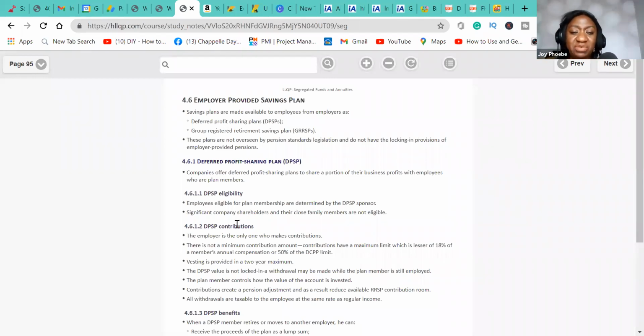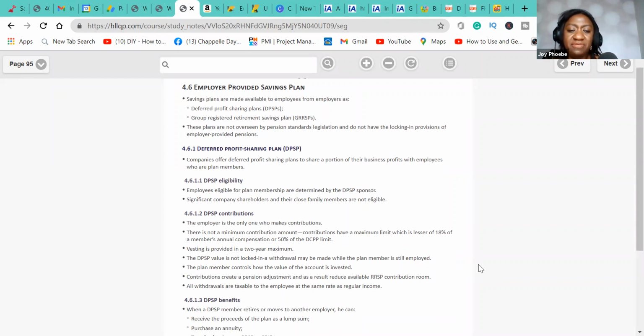So deferred profit sharing plans: companies offer deferred profit sharing plans to share a portion of their business profit with employees. That's basically it. How can you be eligible? You're eligible once you are a member, okay, of the plan sponsor.